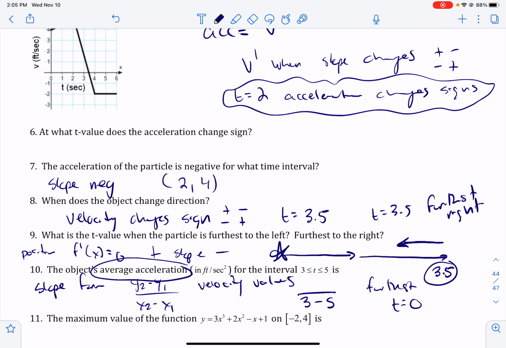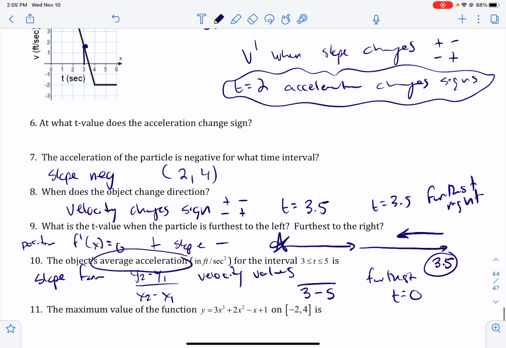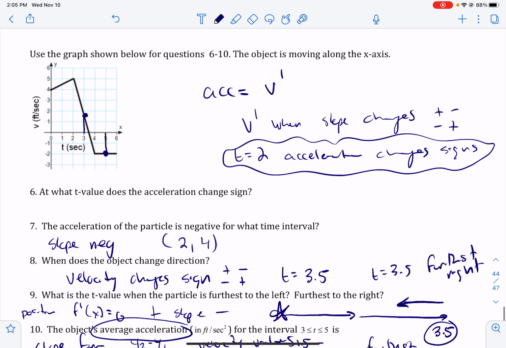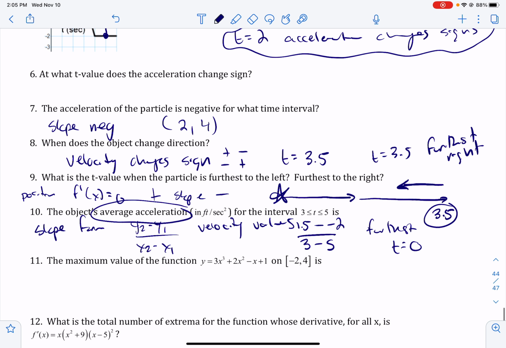I know that my x is 3 and 5. But when I plug in a 3 up here, at 3, I'm at what? 1.5. So when I plug in a 3, my y value is 1.5. When I plug in a 5, my y value is down here at -2. So what do I get? 1.5 plus 2 divided by -2. So that's 3.5 divided by -2.